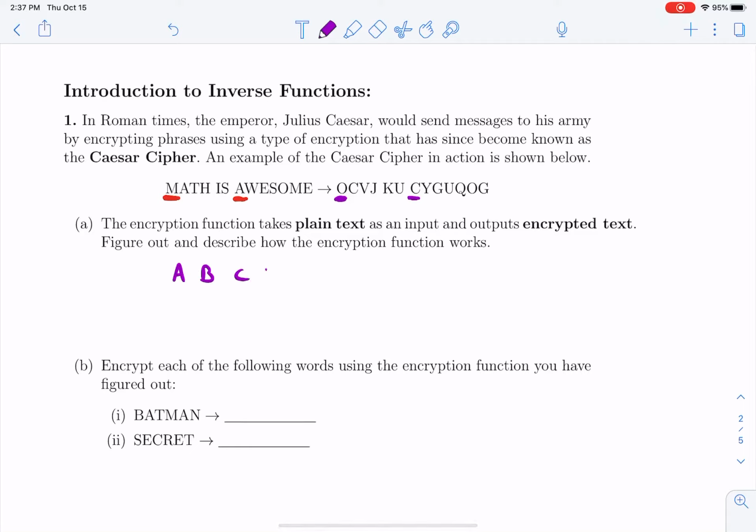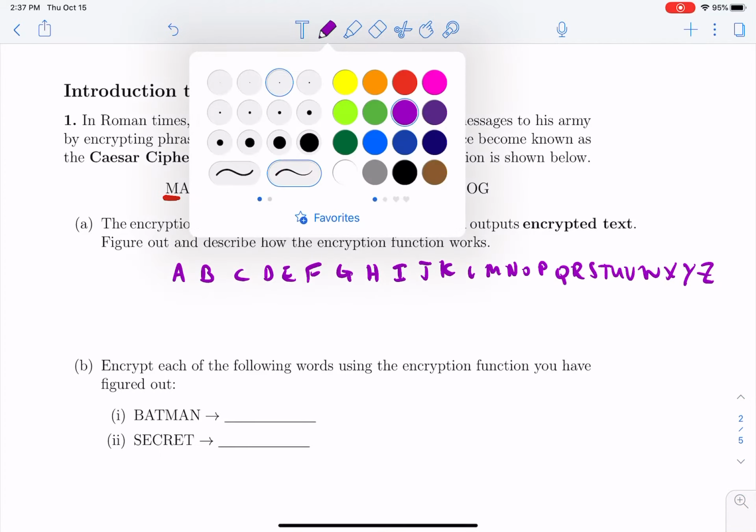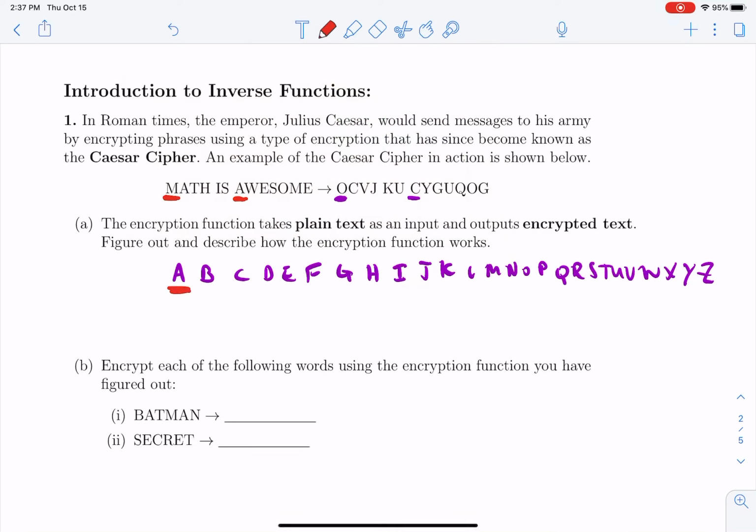Well, it might help us if we write out the alphabet, if you haven't seen it already. Let's use that first letter, M. If I start at M, something happens to N to get me to O. Well, it looks like I'm going down 2 letters.